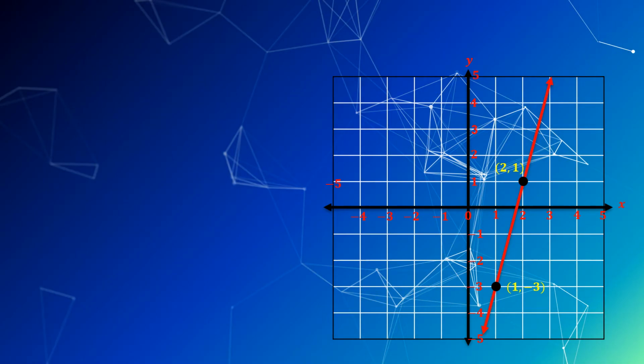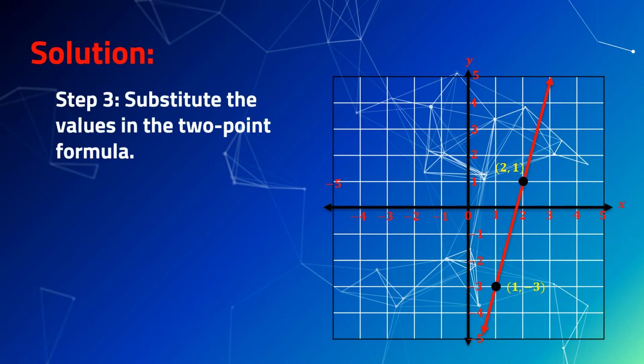So we already represented the points in this graph. Next, we're going to substitute the values in the two-point formula. The formula is y minus y sub 1 equals y sub 2 minus y sub 1 all over x sub 2 minus x sub 1, times the quantity x minus x sub 1.